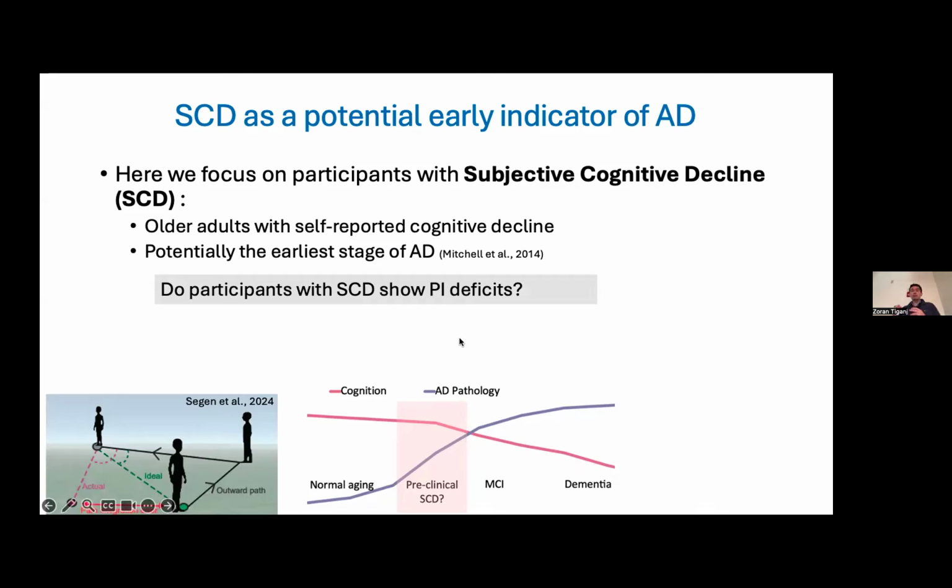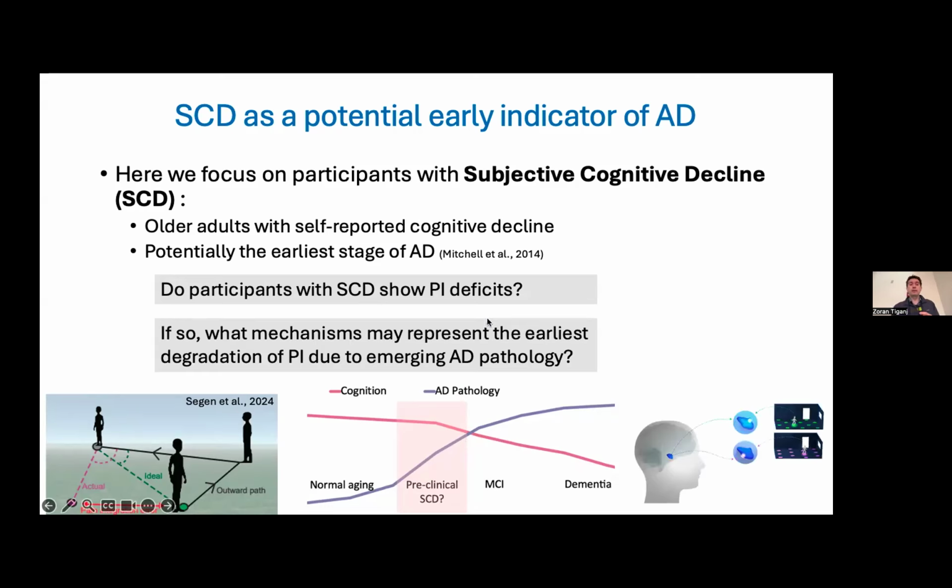We're asking basically two questions. Do participants with self-reported subjective cognitive decline show path integration deficits? And if so, what are the mechanisms that may represent the earliest degradation of path integration due to this emerging AD pathology?